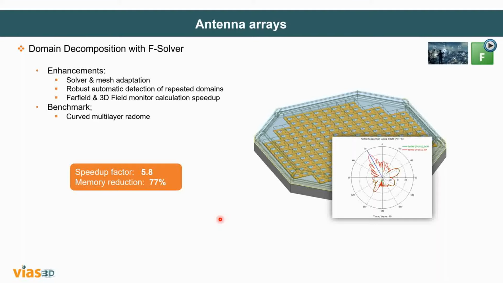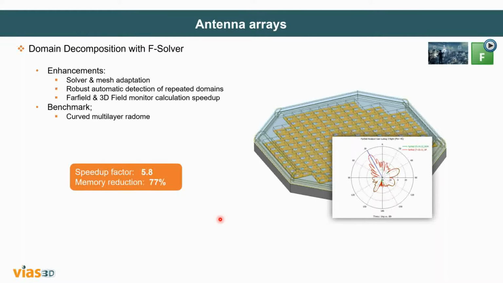And inside this domain decomposition, as I said, the same thing, solver and mesh adaptation, robust automatic detection and repeated domains, like having a domains of a big array, having an area of 5-6 domains where we'll first see the far field and then later it will combine together, and we can give even a frequency domain solver that much speed up and the memory reduction, so that you get the simulation result faster.